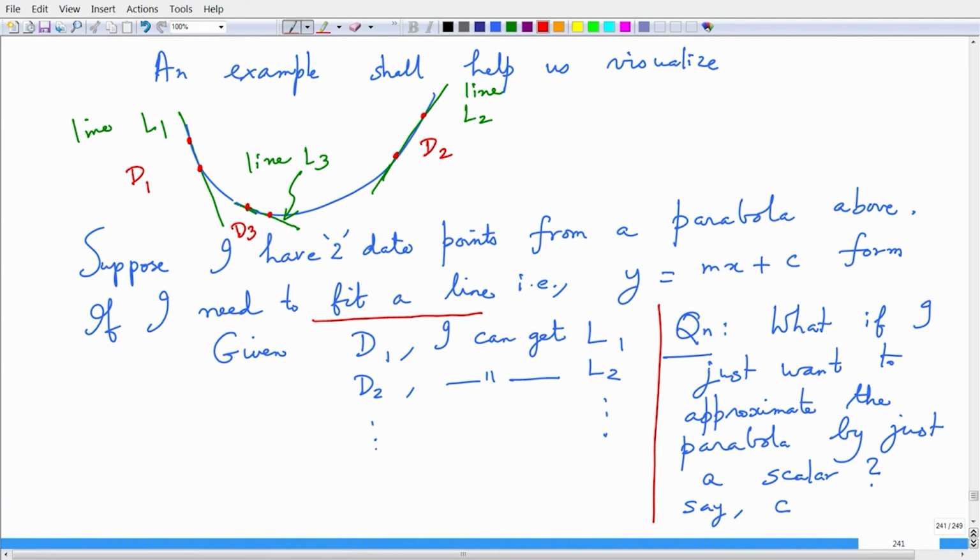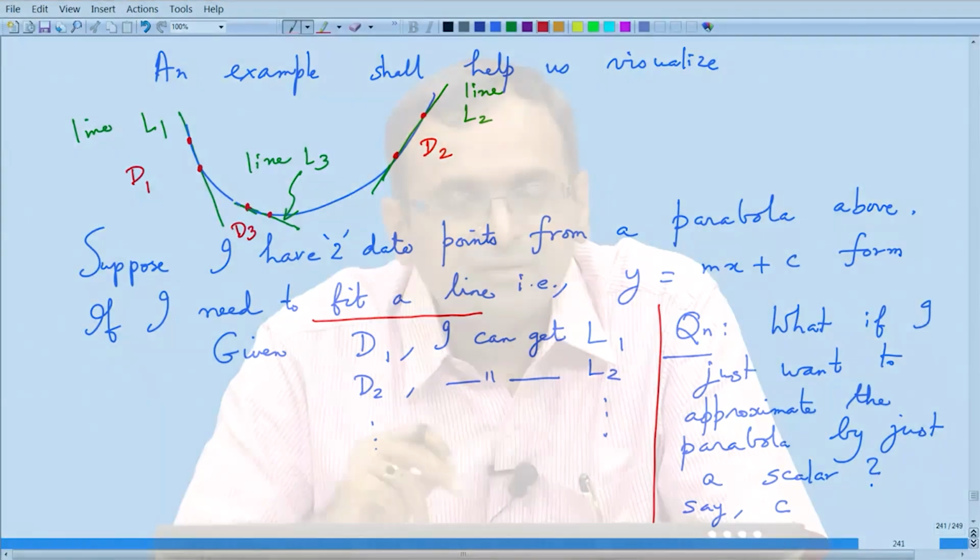These are general questions, and in general, if we were to extend this, suppose I increase the model complexity from a single scalar to a line to possibly a function which is having a power of x which is x square, or a cubic function or a quartic function, and so on, to an nth order polynomial.